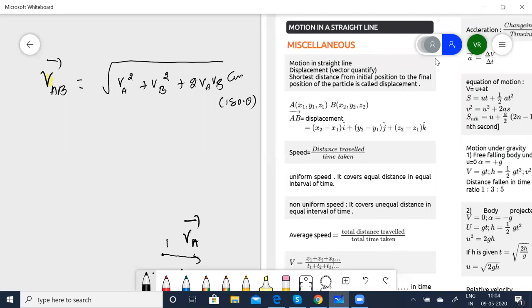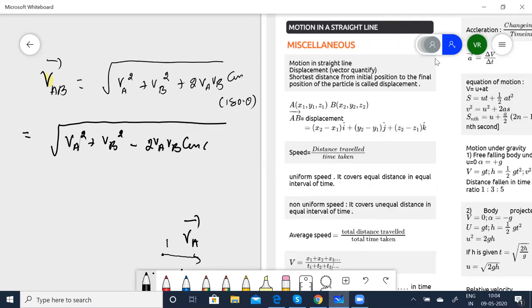Okay. So, you know, cos of the second quadrant is negative, right? So I can simply write this as root of VA squared plus VB squared minus 2 VA VB cos theta. You can simply remember this formula for relative velocity of A with respect to B.